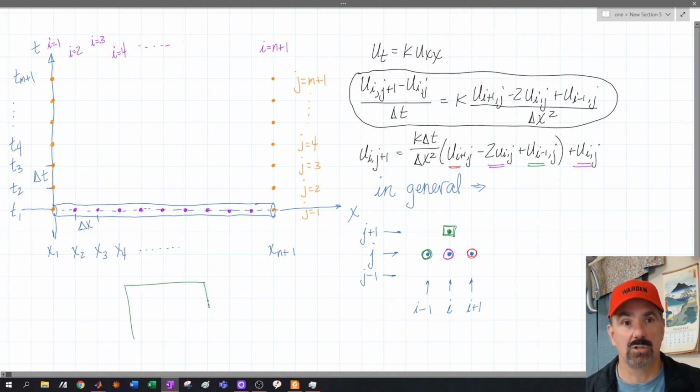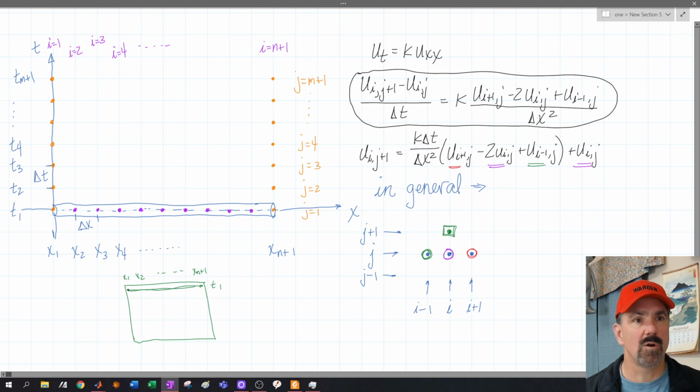You're going to have a solution matrix. And in that solution matrix, you can pick the rows and columns to be whichever way you want. I prefer to have x across the columns because it matches my picture. So this is for the first t value, and this is all the x values across like this. And so we're going to put the initial condition right in here, which I've designated in purple.